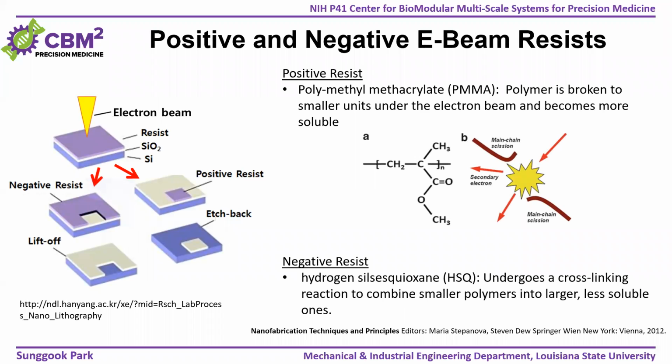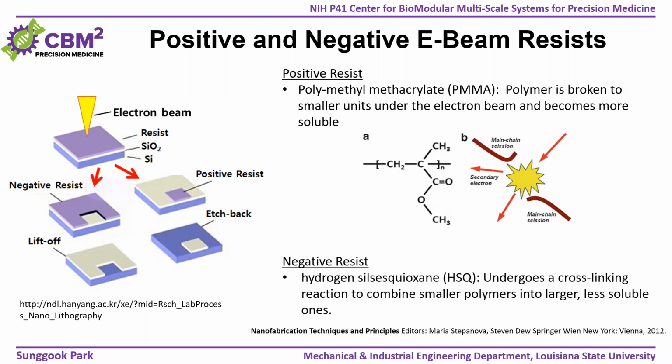Now, I will go through this briefly because we already discussed everything on the resist. But here we need to have a resist which reacts with the electron beams, not the photons. Again, there are two different types. Negative resist, when exposed to the electron beams, becomes cross-linked or hardened.